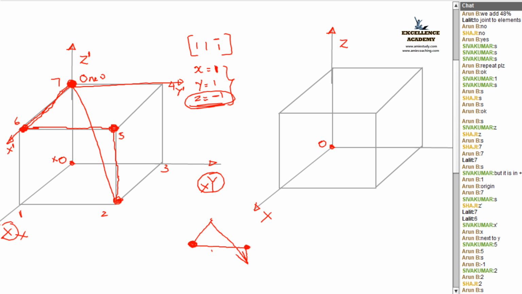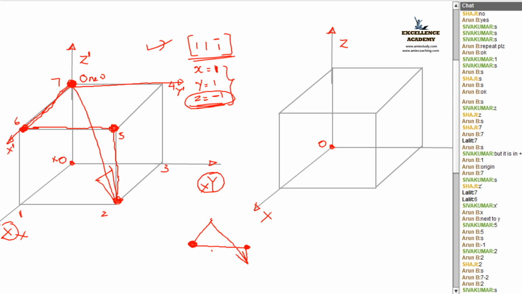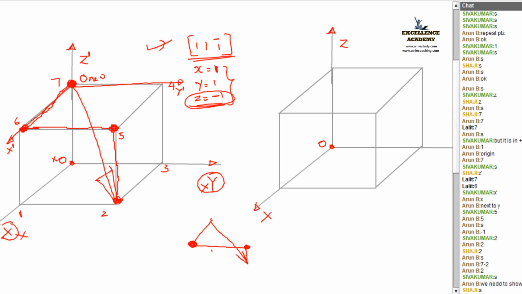Arrowhead towards the final point. So this is the Miller indices for direction 1, 1, -1. Is it clear to us? You have to show this in the 3D model itself, just similar to what I have drawn here.